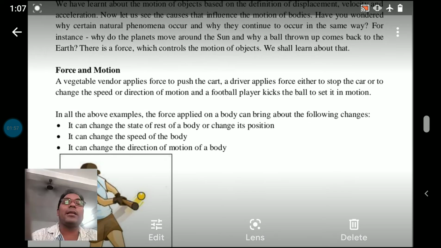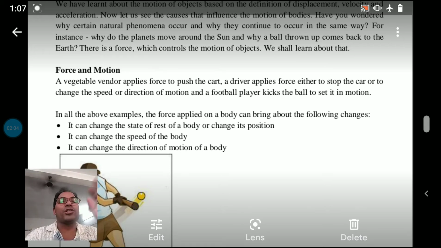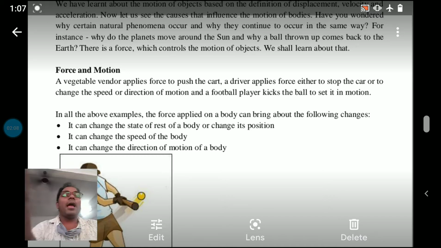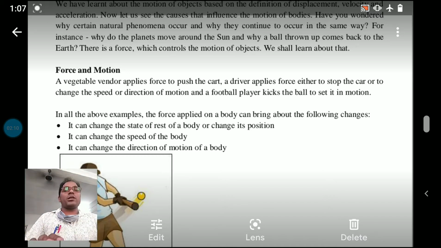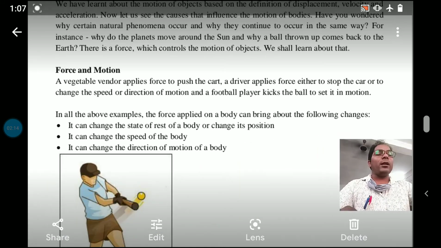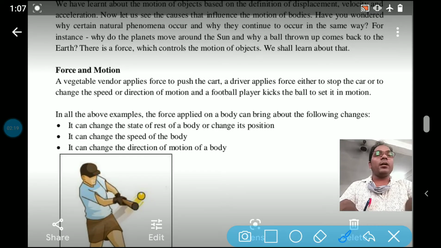I will explain the definition of force and what a force can do. Anything we pull or push is called force. And next is, what are the effects of force? What can a force do? Here are some effects.